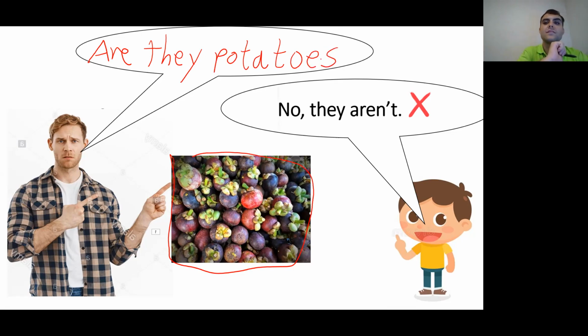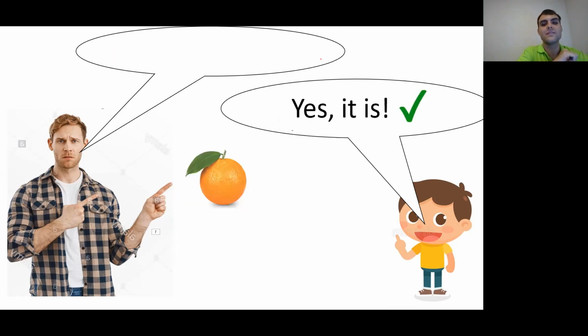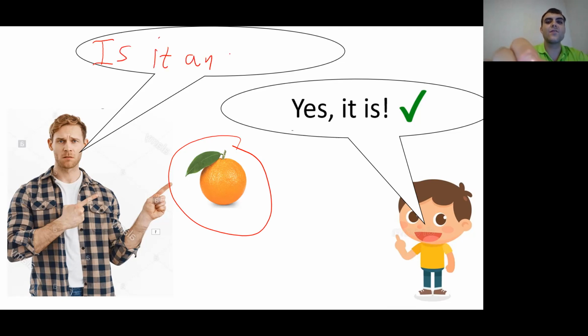Potatoes. Okay. All right. Are they potatoes? No, they aren't. Now, what's he going to ask here? Well, this is an orange. So he has to ask, is it an orange? Because the answer is yes, it is.